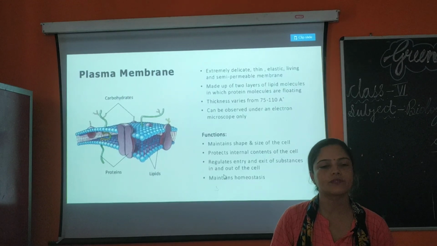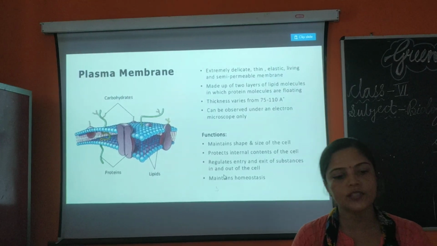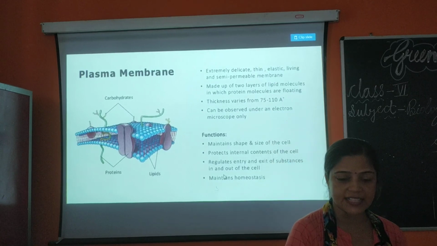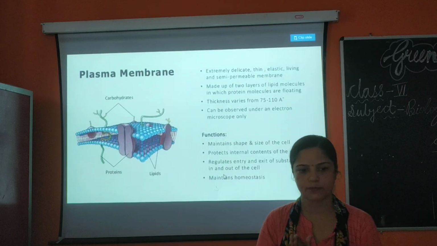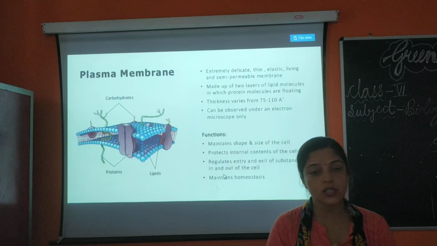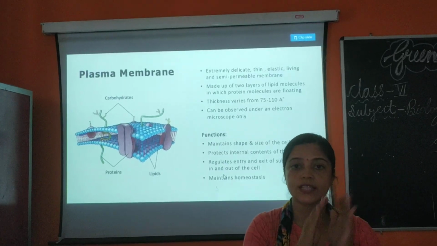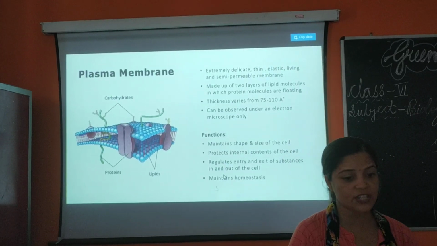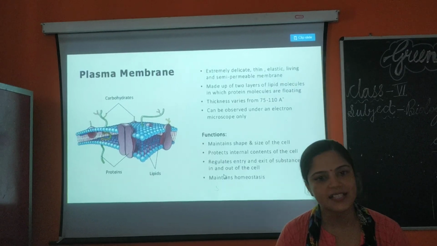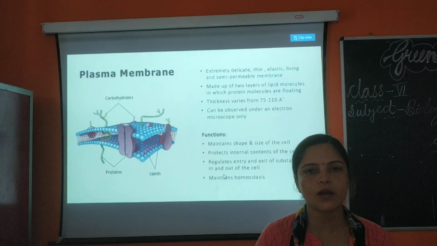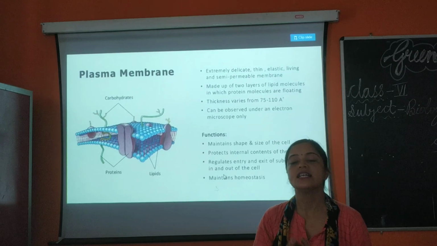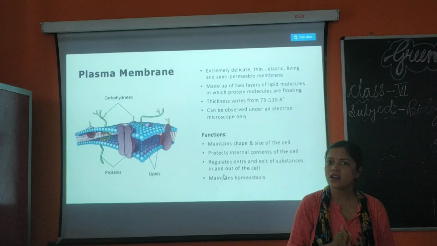The pores of the plasma membrane allow the entry and the exit of only selected substances. Thus, the plasma membrane is called a selectively permeable membrane.